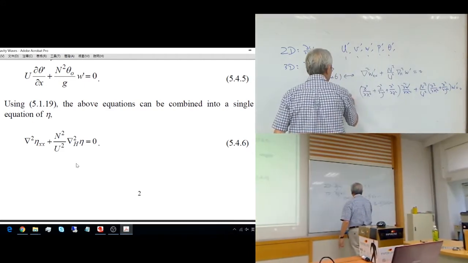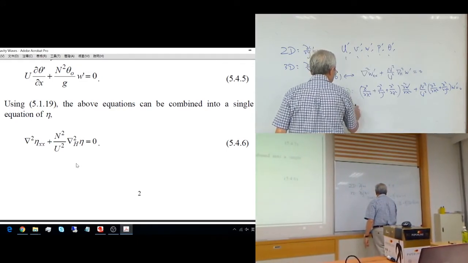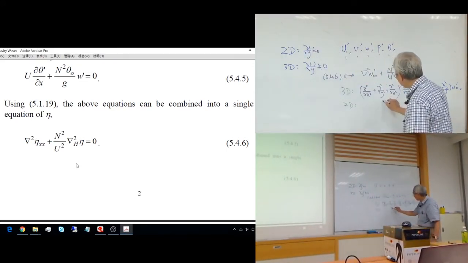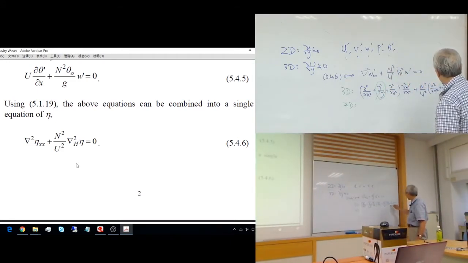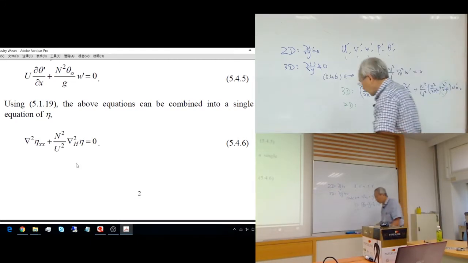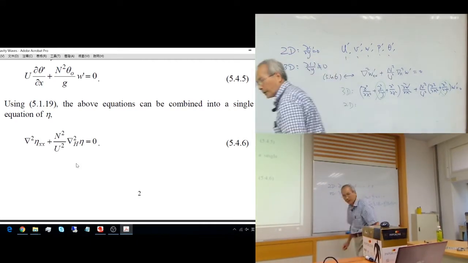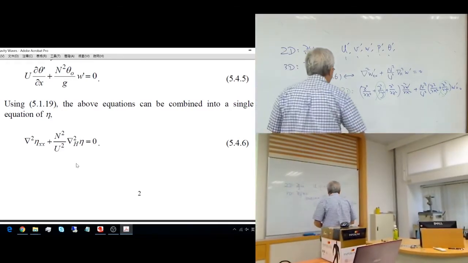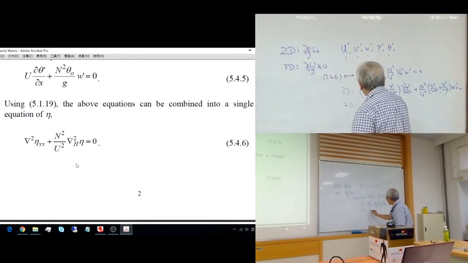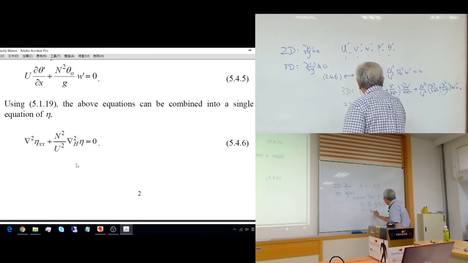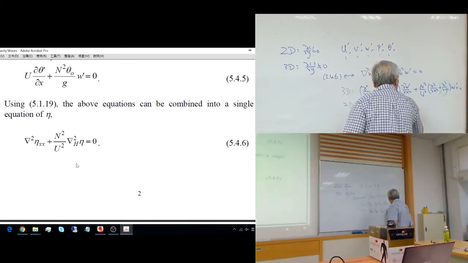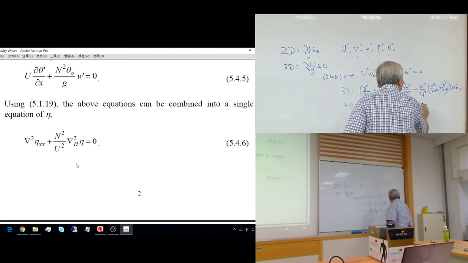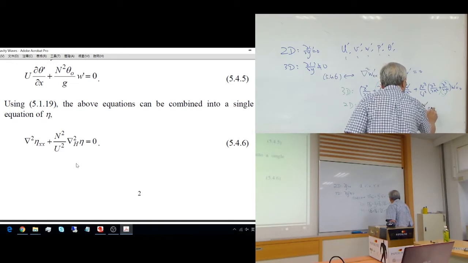If it's 2D, this term is gone, and this term is gone, so it reduces to the following: partial x squared plus partial z squared of w prime plus N squared over U squared partial squared w prime over partial x squared.